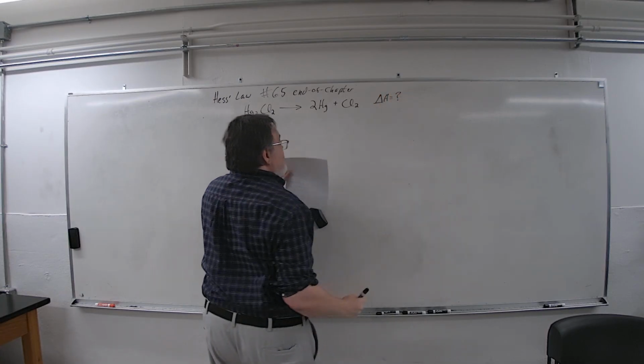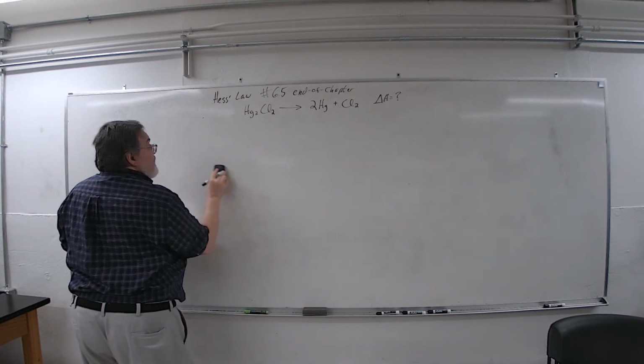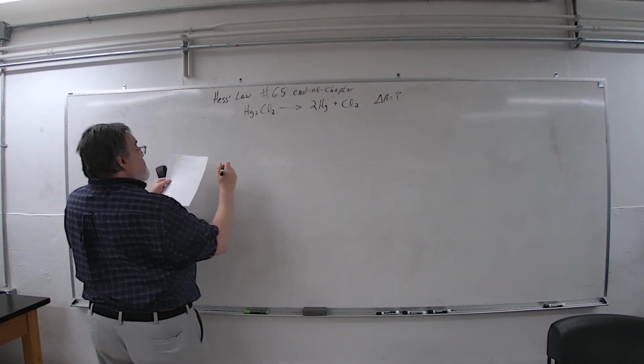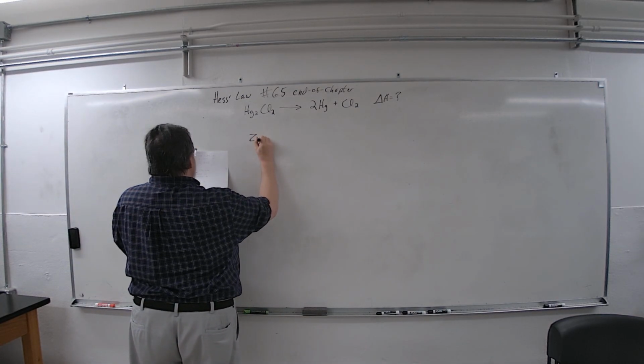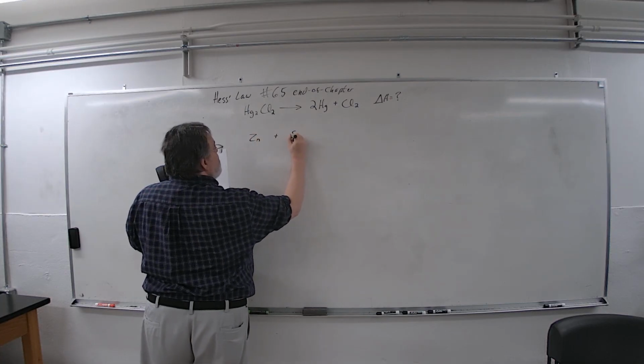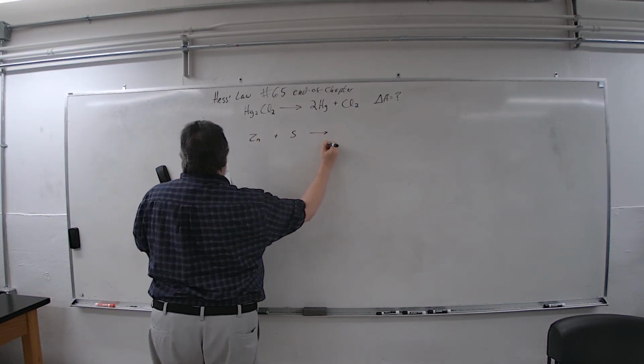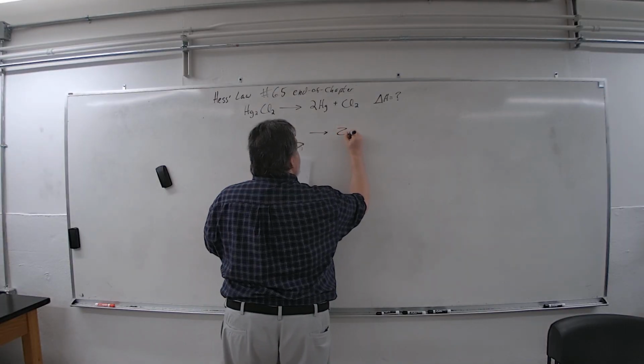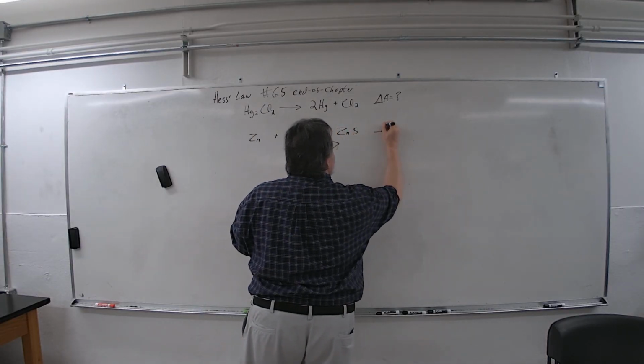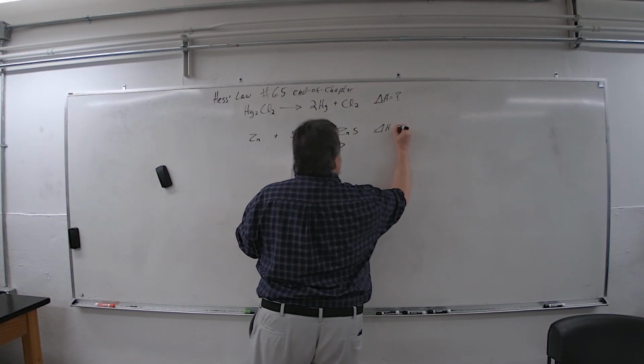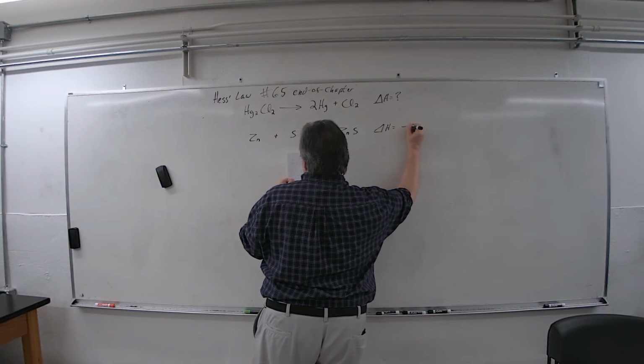And you're asked, what is the delta H for that? All right. And to figure it out, you're given some other reactions, Zn plus sulfur, delta H here equals negative.